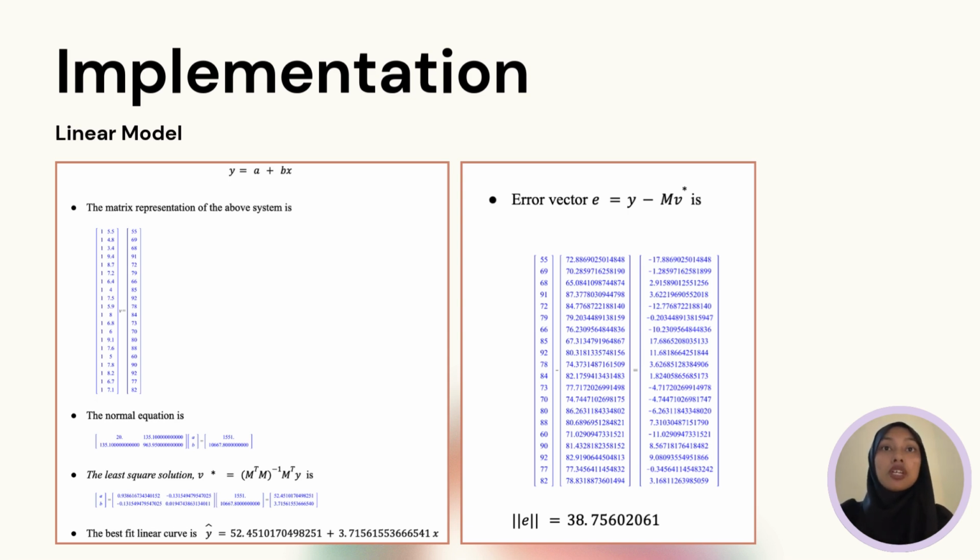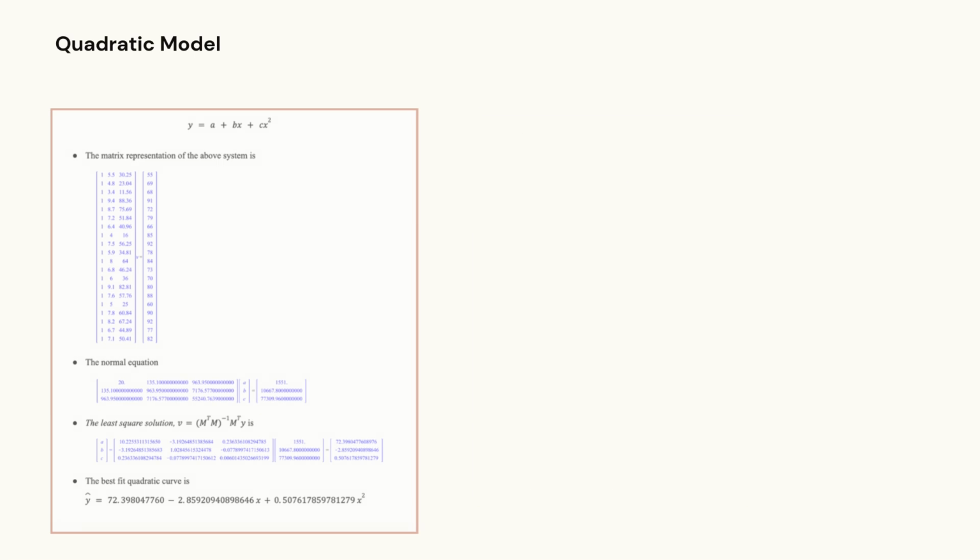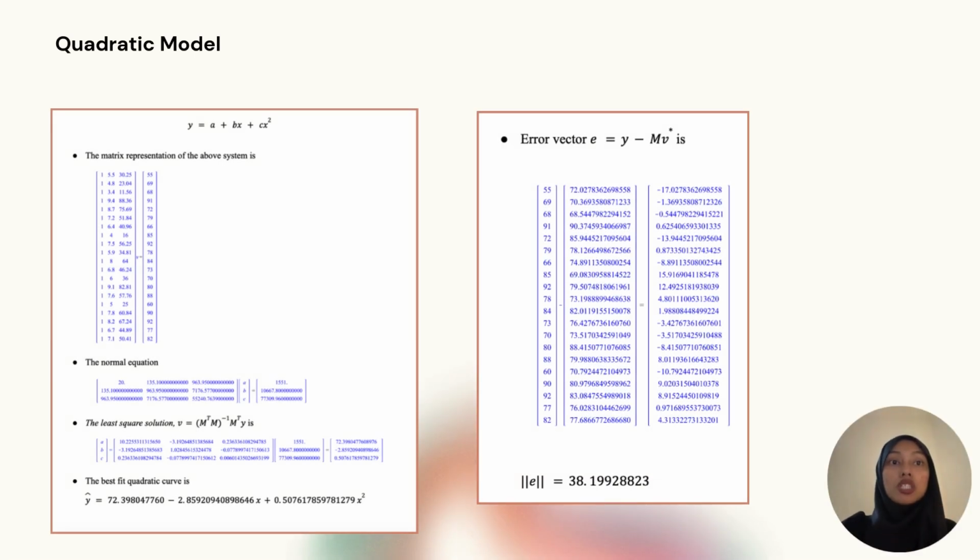So for linear model, the best fit linear curve is y hat equal to 52.4510 plus 3.7156x. And then the error vector that we have obtained is 38.7560 for linear model.